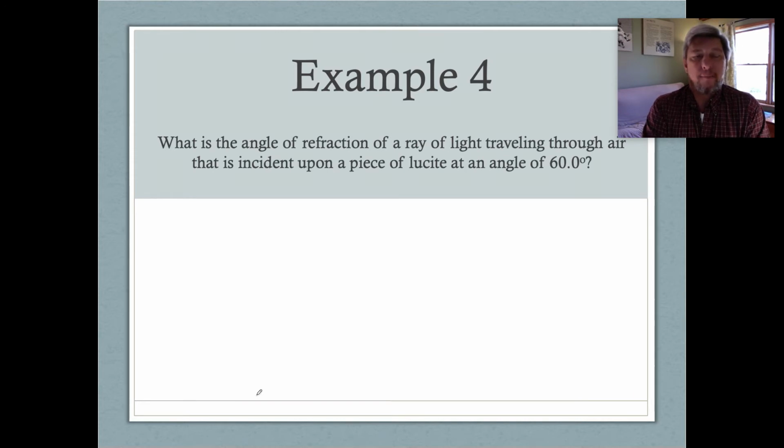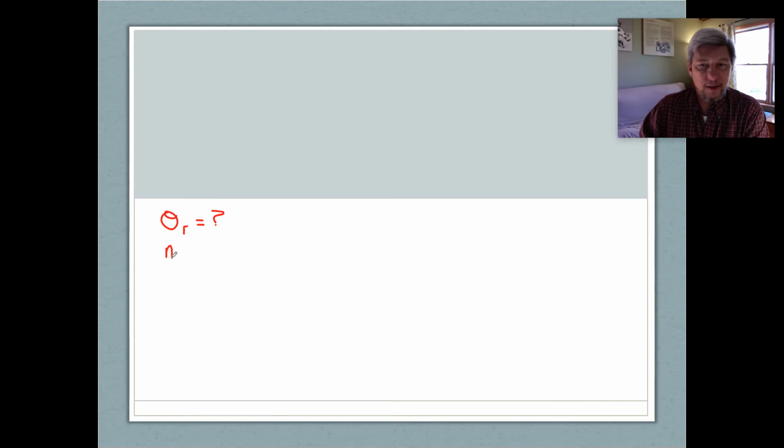We've got the question, what is the angle of refraction of a ray of light traveling through air? So what is the angle of refraction? That's going to be my big fat question mark. Traveling through air, that is, so air is going to be my first substance here.